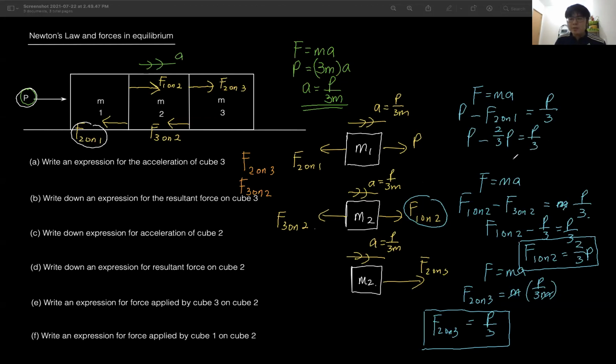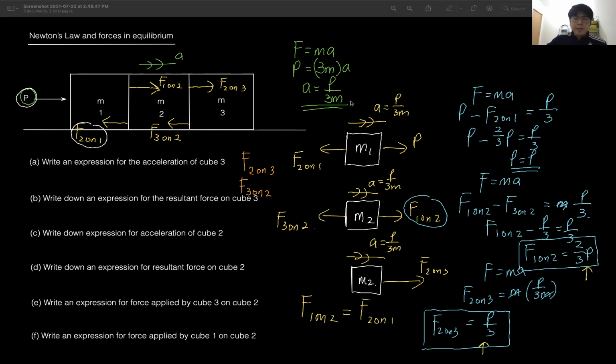And when you move this to the right, you'll find that you get P equals to P. So that satisfies the equation. So from my calculation, I have calculated that F1 on 2 is 2 over 3 P. F2 on 3 is this one. And that is the same for the opposite, F1 on 2, same as F2 on 1.